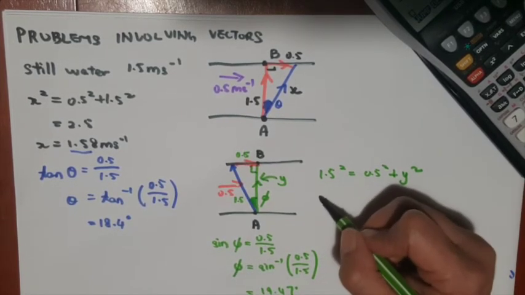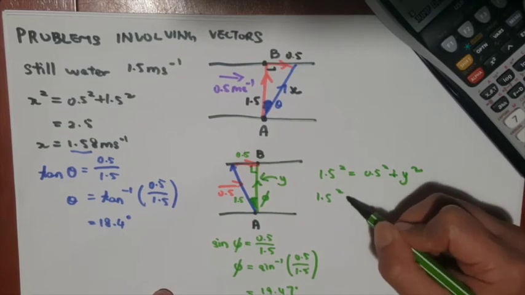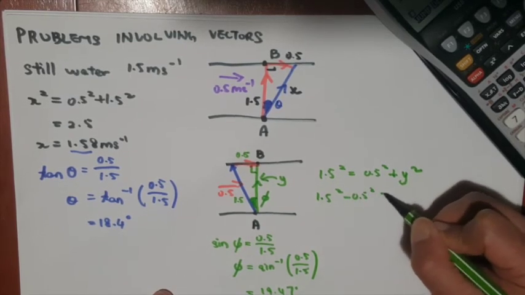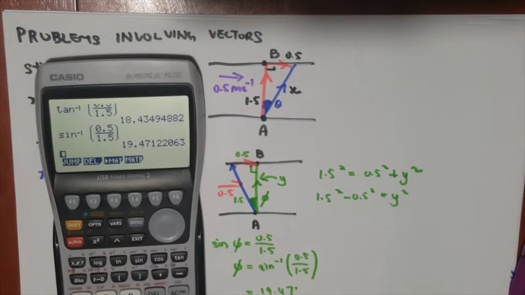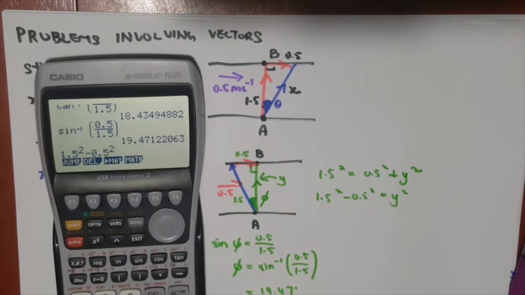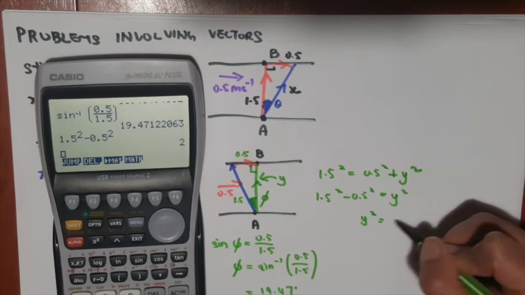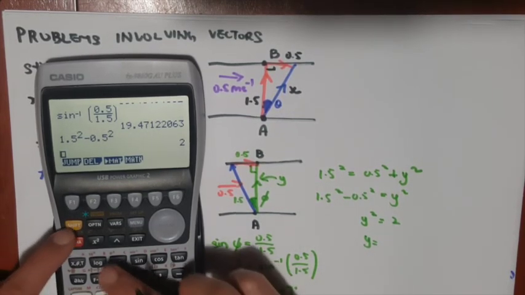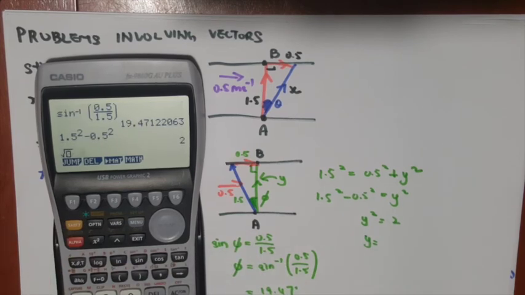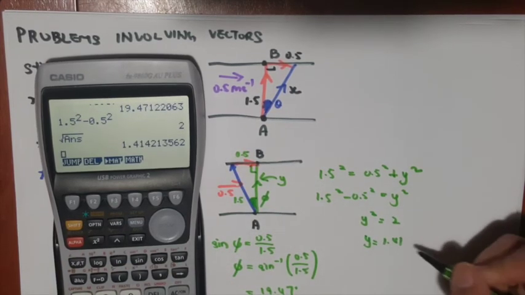To solve for y squared, I need 1.5 squared take away 0.5 squared, so y squared is 2, and therefore y will be square root 2, which is 1.41.